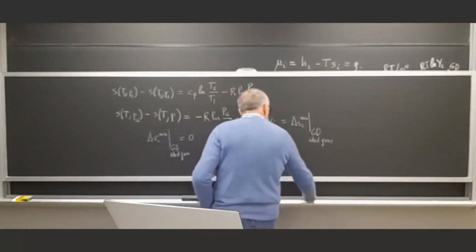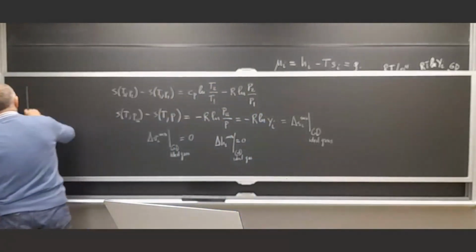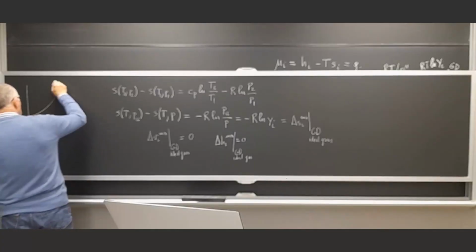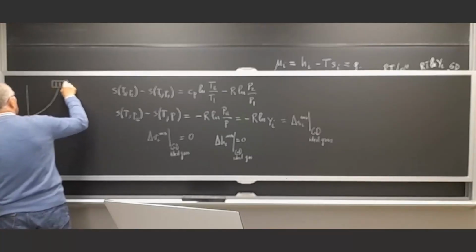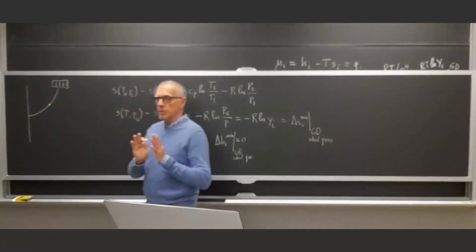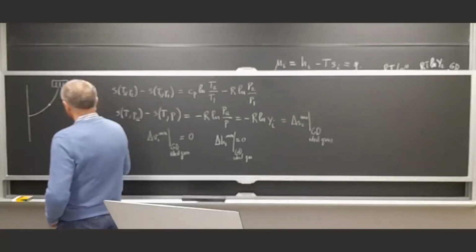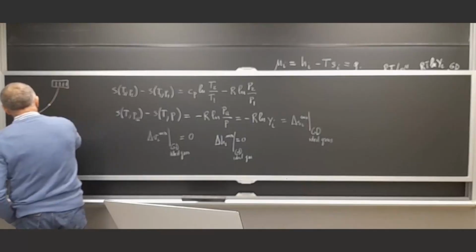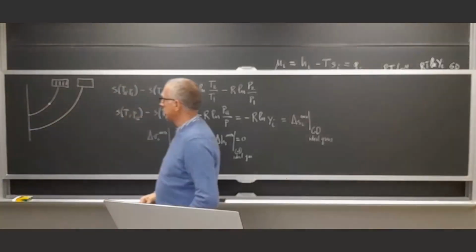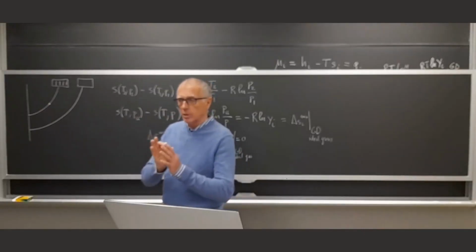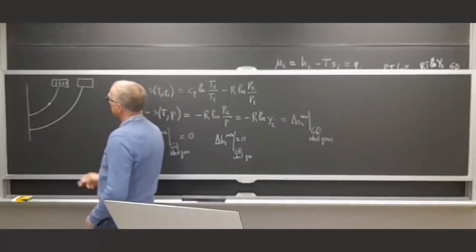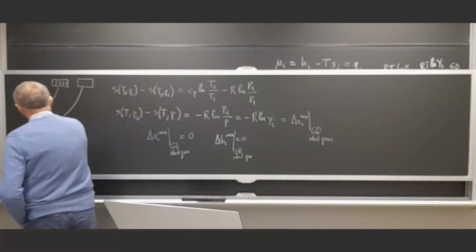My system starts from here as a system with the partitions. When I remove the partitions, there is a new system because I've changed the internal structure. It has a new curve for the stable equilibrium states.